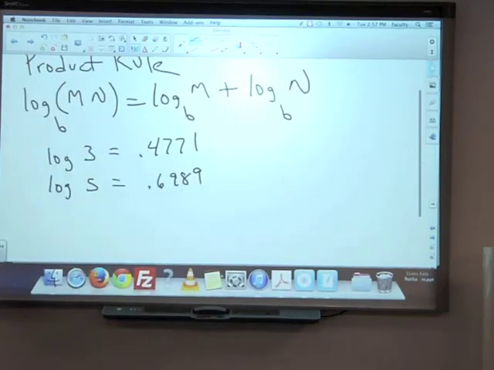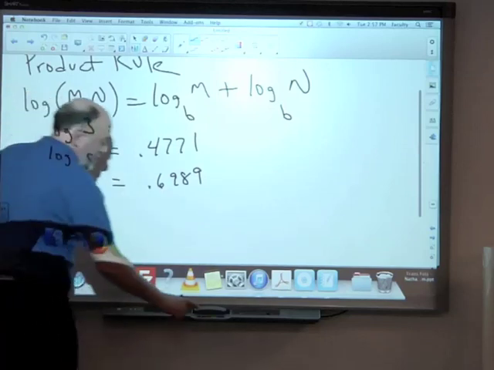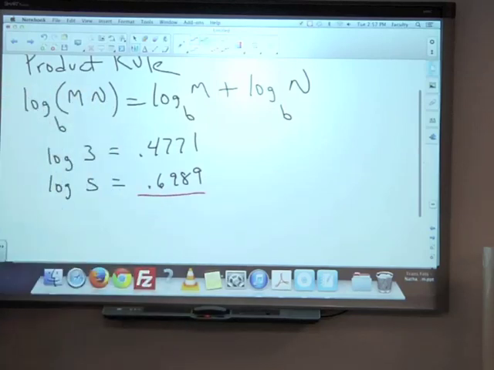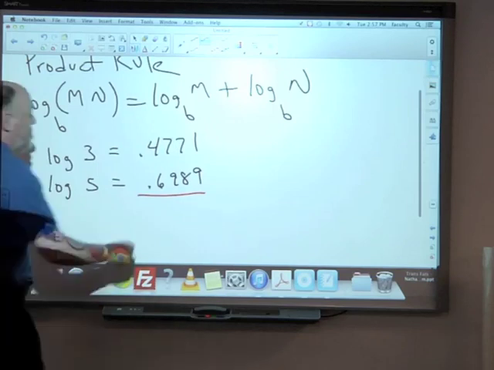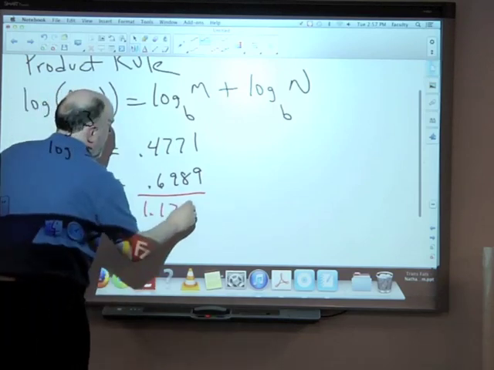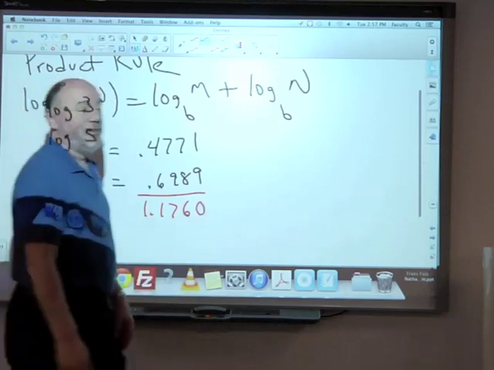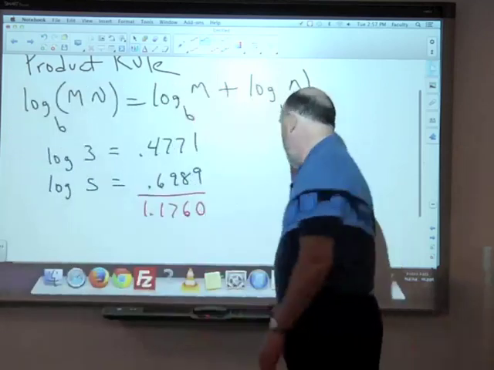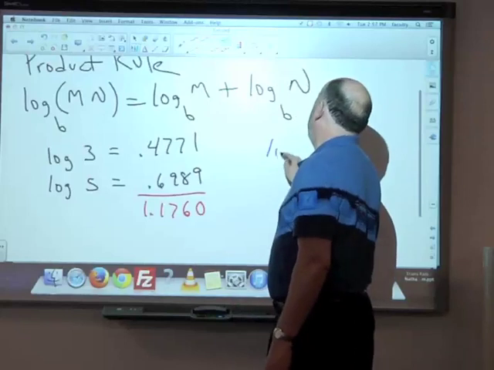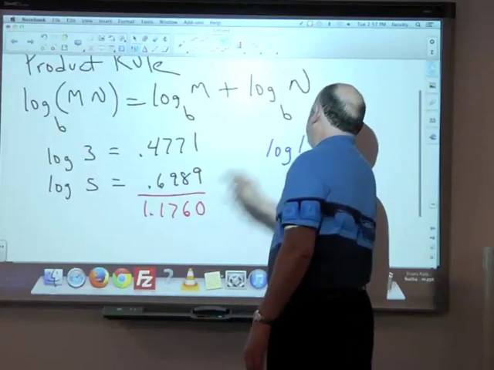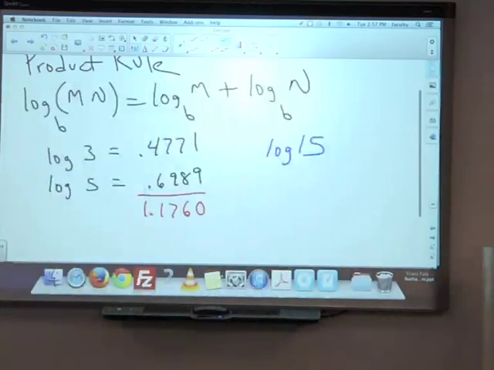Okay. And if I add these two decimal numbers together, 4771 plus the 6989, what do I get? 1.176. All right. And now, on the toy, what is the log of 15? 1.176.